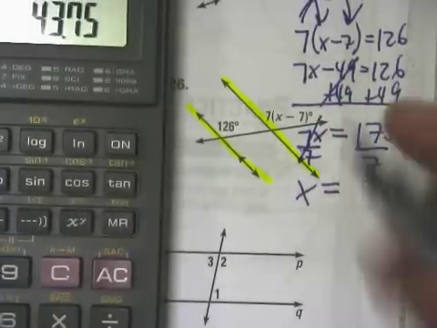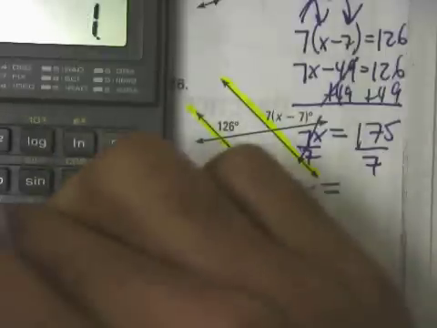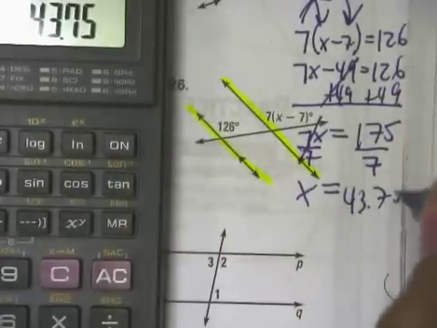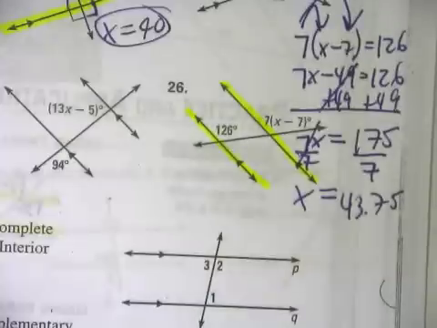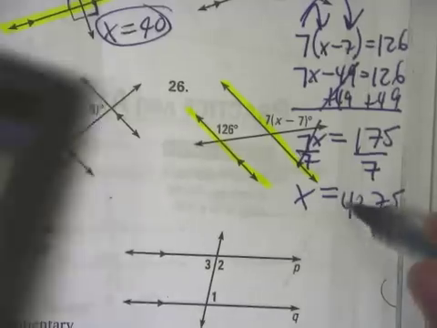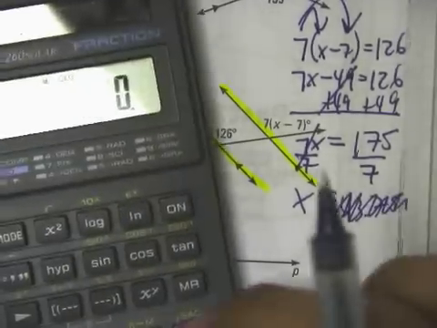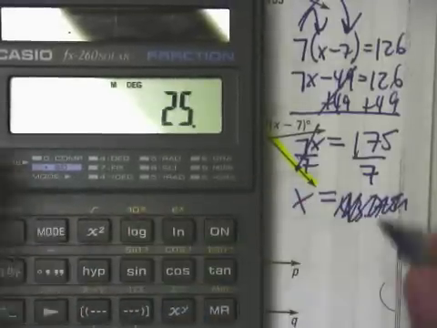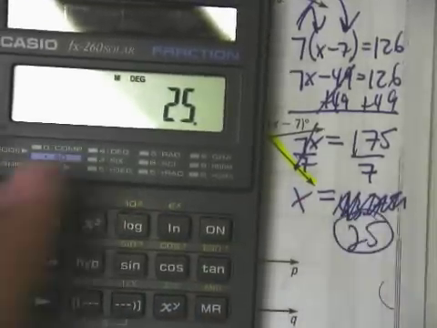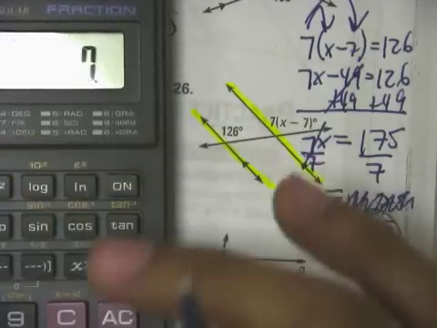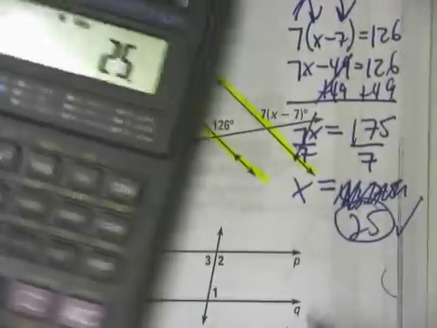And x is going to be equal to 43.75. Oh, that's not right. Let's try that again. That doesn't seem right to me. Divided by 7. I'm sorry, it's 25.